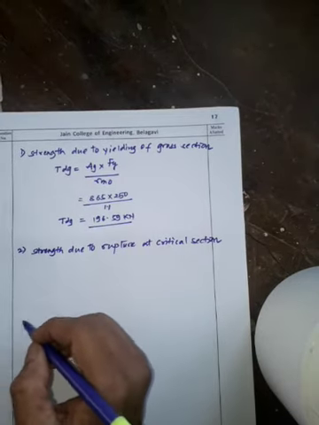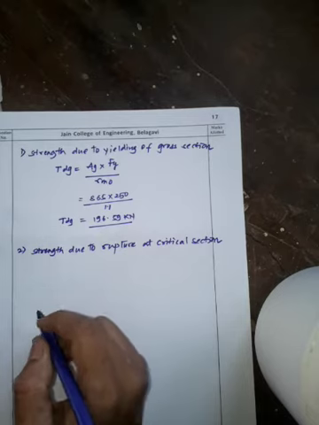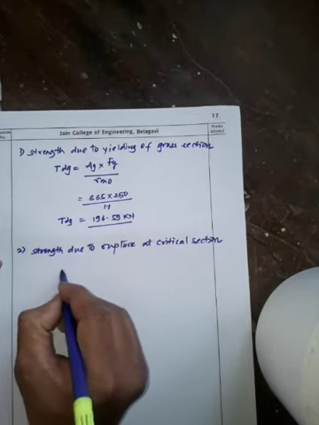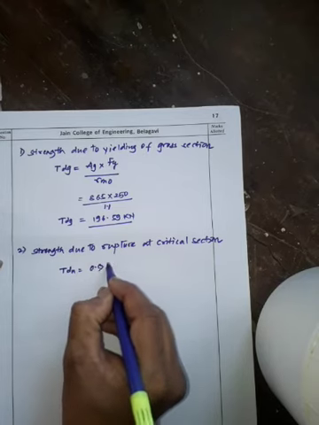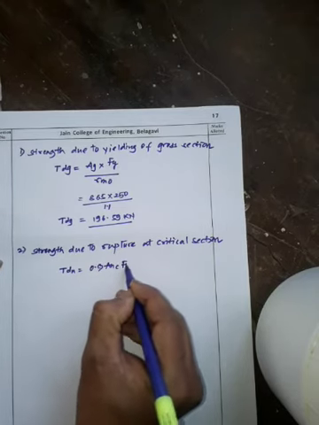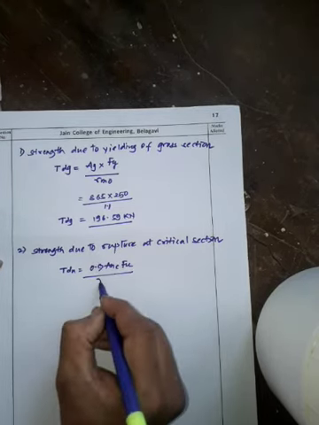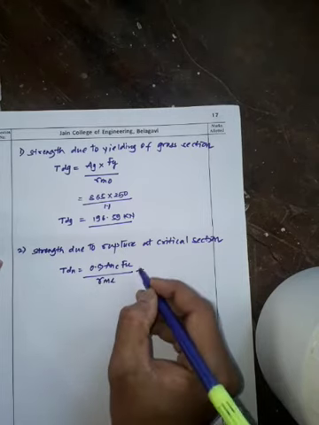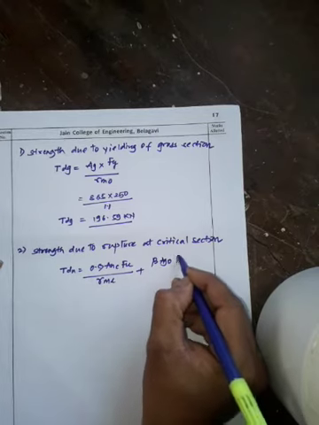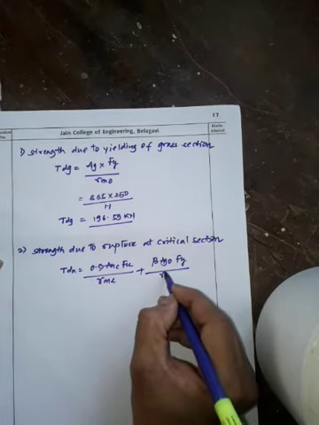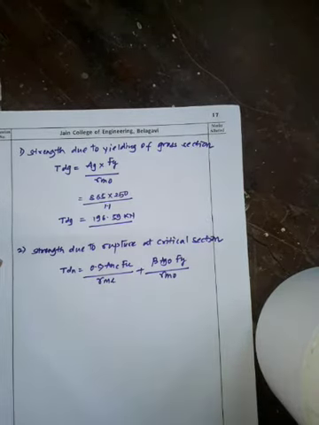At that critical section you have to find out the strain due to rupture. The equation is given again as per code. It is 0.9 ANC Fu upon gamma m1 plus beta AGO Fy upon gamma m naught. So this is the equation.